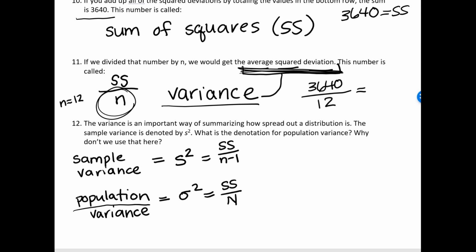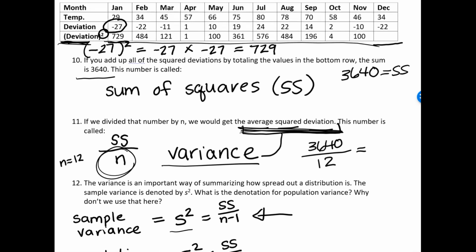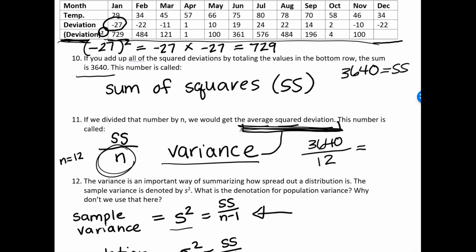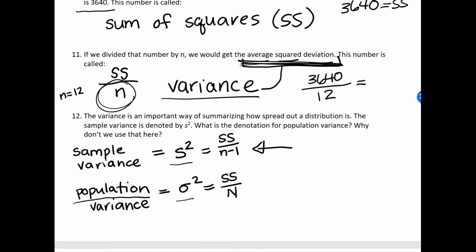The sample variance is denoted by S squared. Population variance is denoted by sigma squared. Why should we be using this version here? Well, because these 12 temperatures, that's just a sample. That's not a whole population, right? So because we're dealing with a sample.